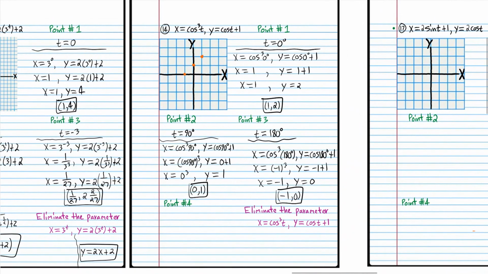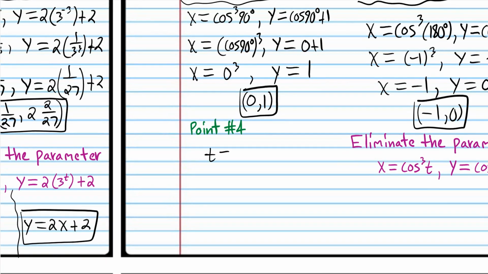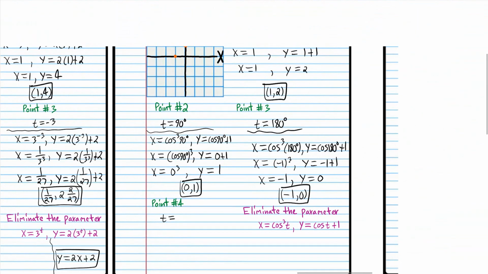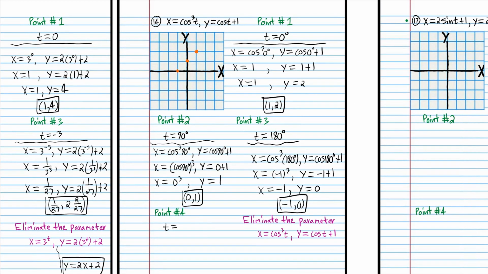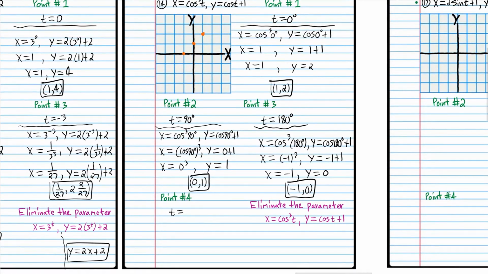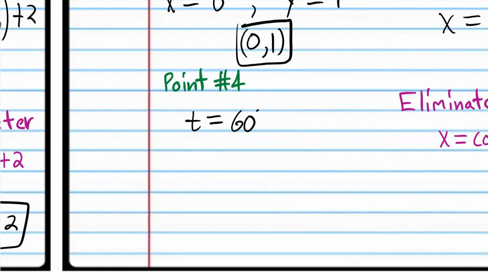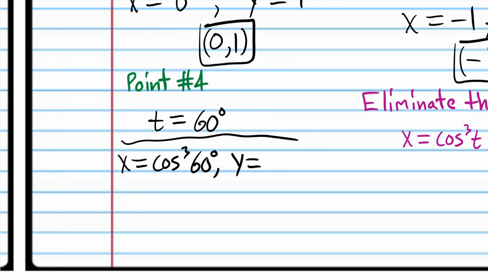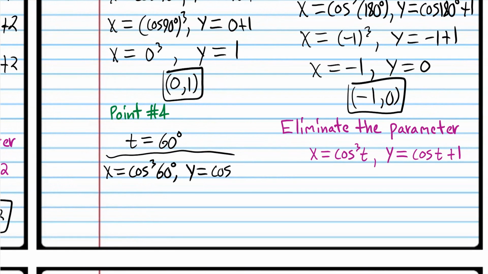And let's choose one more value for our parameter. If we choose negative 180, we get the same values we got for positive 180. So cosine is 1/2 when the reference angle is 60 degrees. We can just try 60 degrees, I guess. So x is equal to cosine cubed of 60 degrees. Y is equal to cosine 60 degrees plus 1.